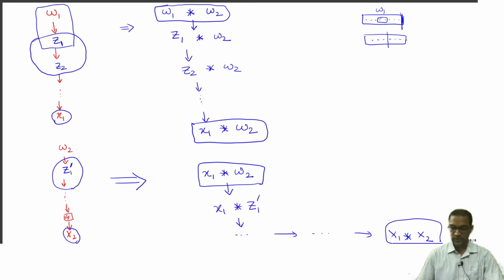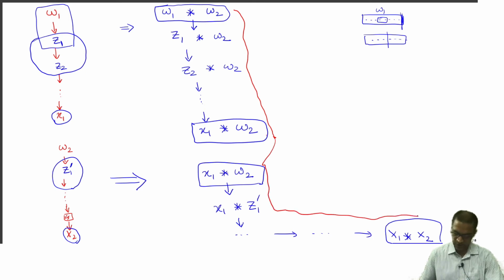Now I just put these together. What have I managed to do? I have managed to start at W1 star W2, following this chain of rewriting rules. At this point, this and this are the same. Then I follow this chain of rules, and finally I reach my destination.